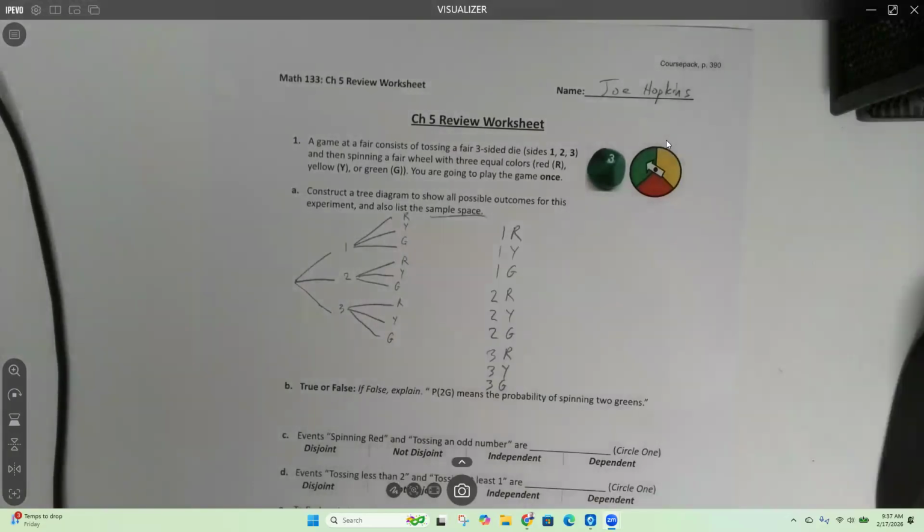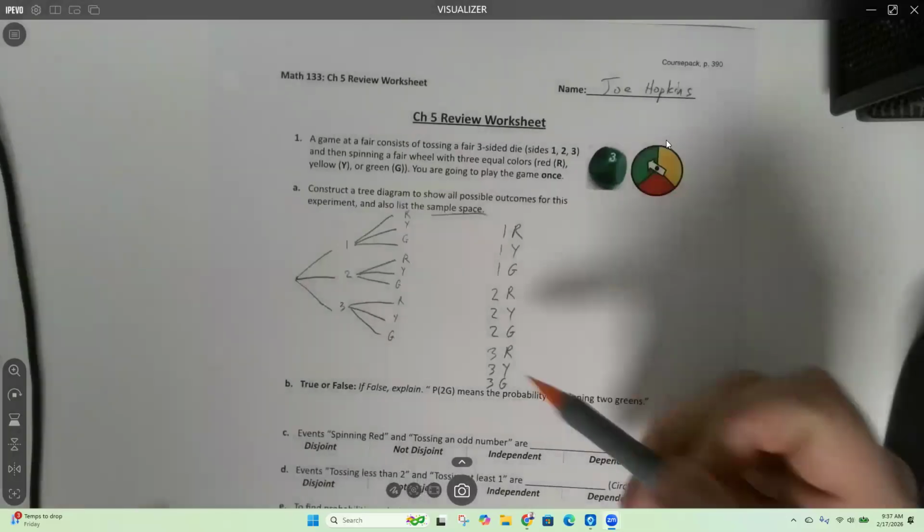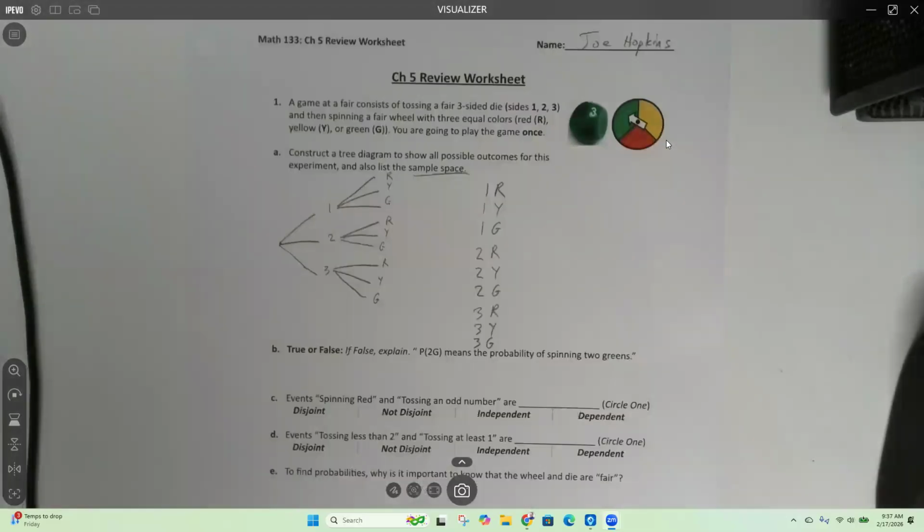There's 36 possible outcomes. It gets big pretty quickly. Rolling three dice has 216 possible outcomes in its sample space. So it blows up pretty quick. Anyway, most of the sample spaces we'll have you list are pretty small. We're going to skip that one.